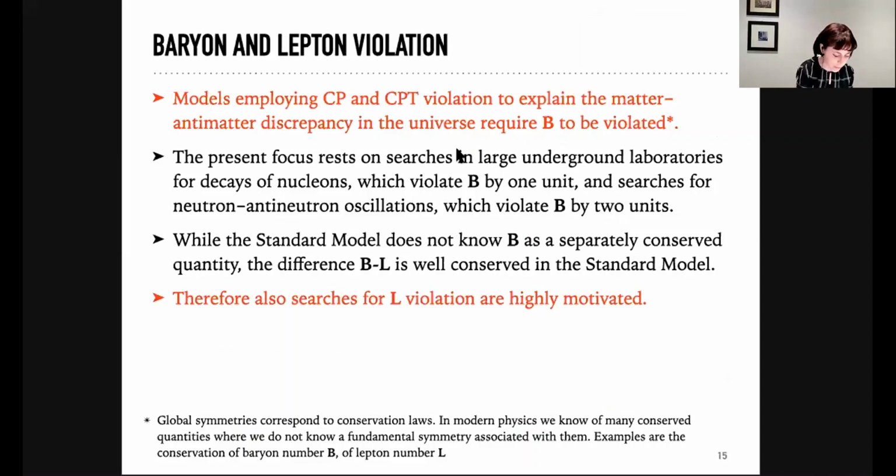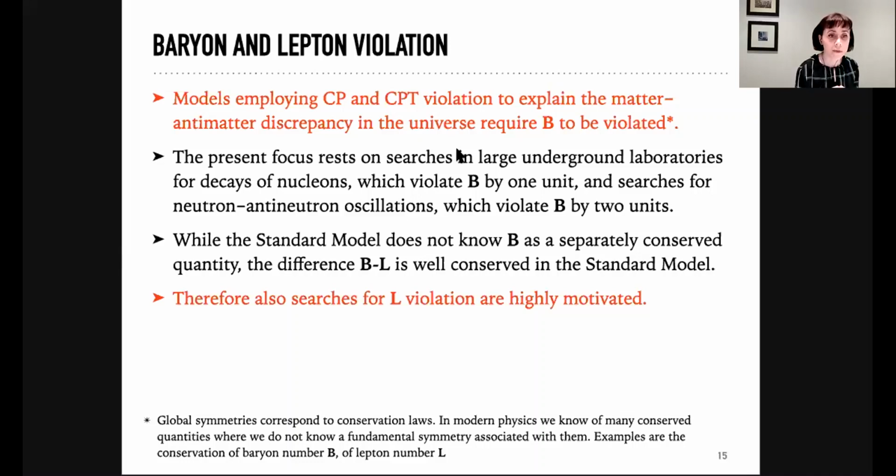There are a couple of things I want to bring forward before we move on to some more experimental results. All the models that we are going to look at, models employing CP and CPT violation to explain the matter-antimatter asymmetry, require B violation, as we said.